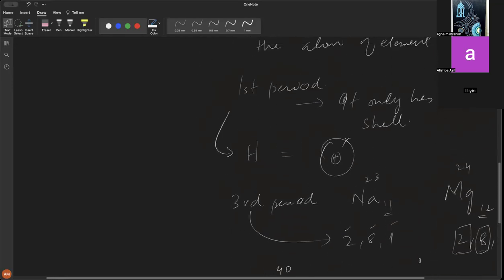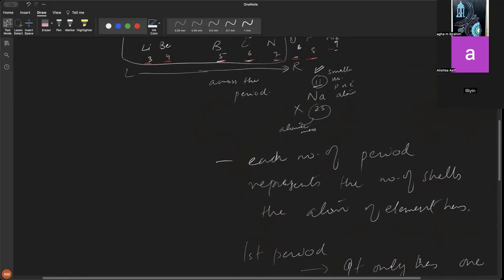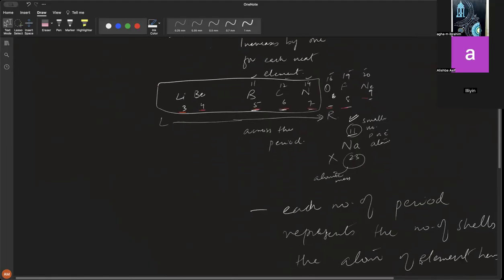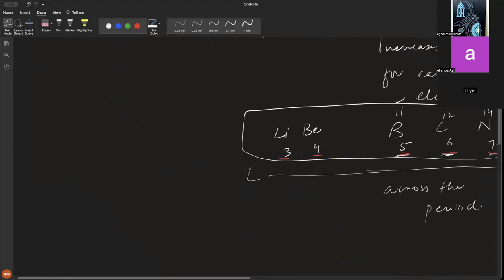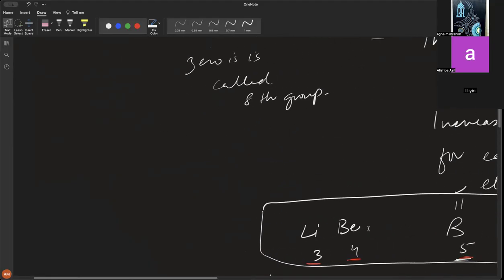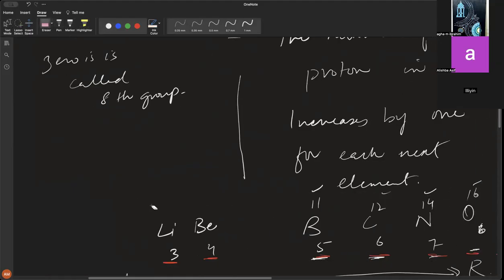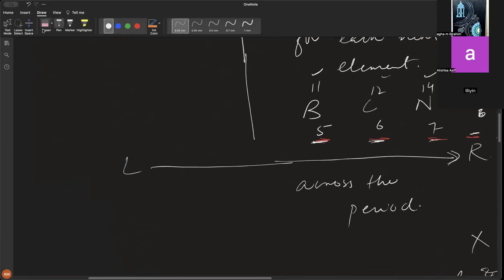Let's move on. I'll give you time to write this, don't worry. Let's move on to groups. When we talk about groups, the group number is very important.